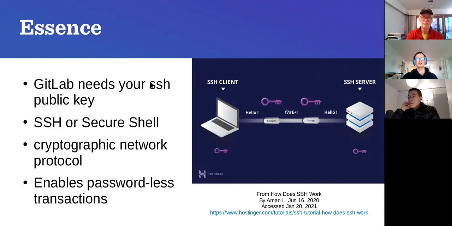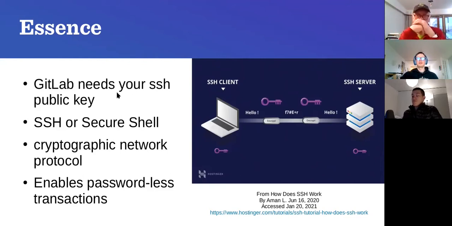It's especially important if your account is protected by two-factor authentication, because if you don't have the SSH handshake in place with the GitLab server, then every time you push, it's not just going to ask you for the username and password of the server, but it's also going to ask you to authenticate with the two-factor authentication token, which is a unique token that is regenerated every minute or so.